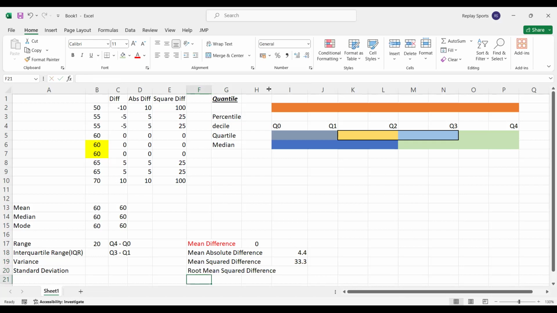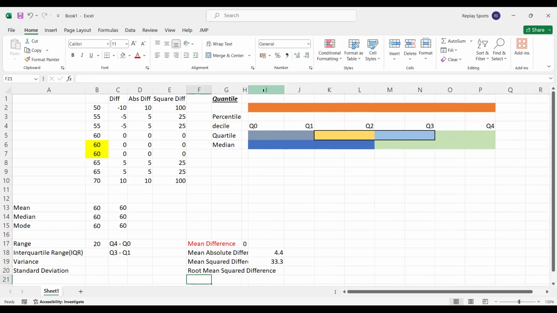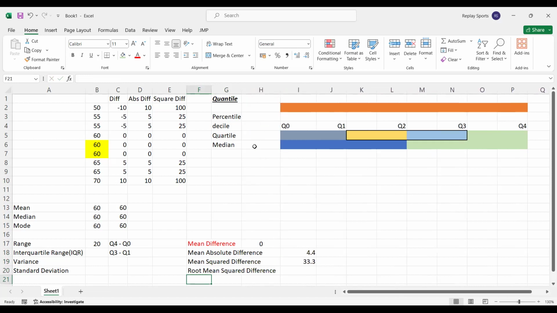First the difference, then you square the difference, then you take the average of the squares, and then you do the square root. You can use SQRT here in Excel. It gives you 5.788. This is your root mean squared.